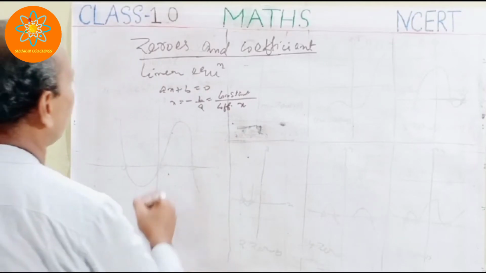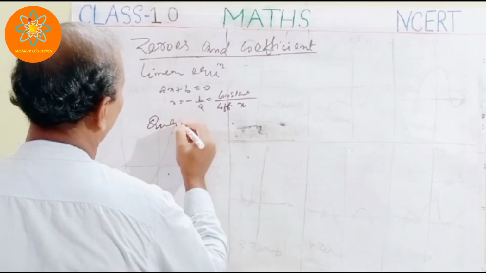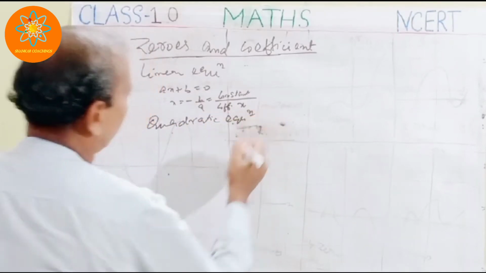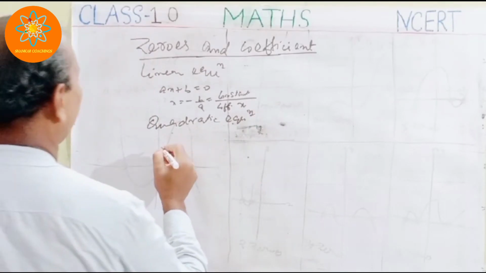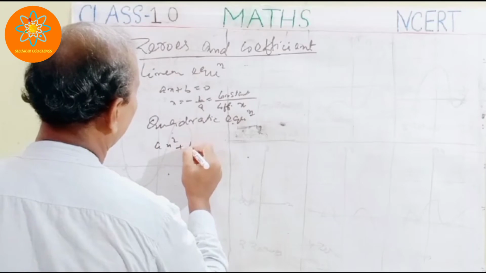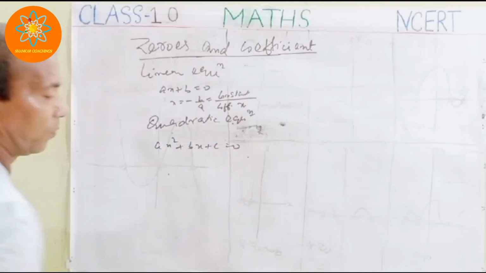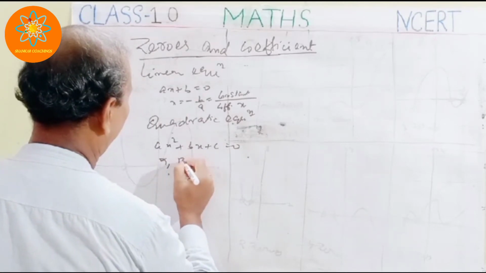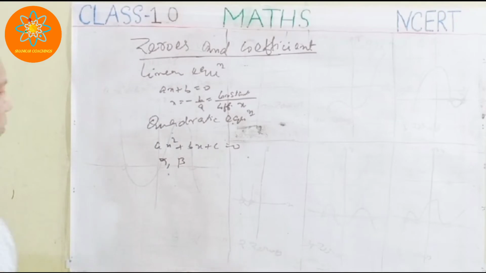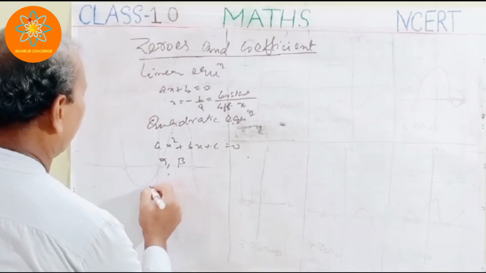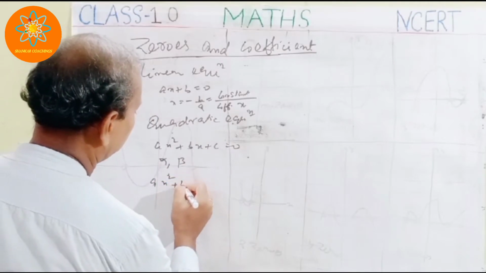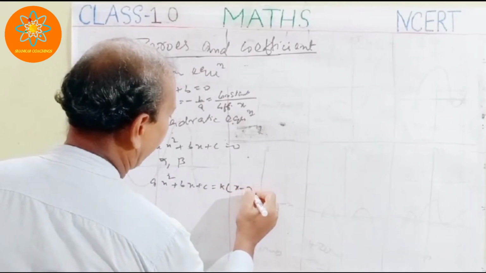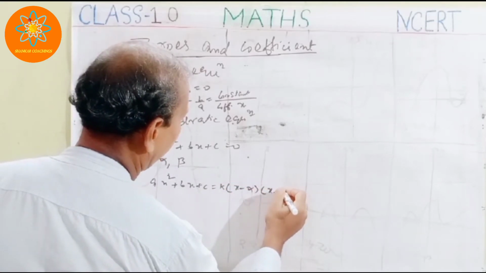Now come to the next one, the quadratic equation. For the quadratic equation, I have the equation ax square plus bx plus c is equal to 0. Let's suppose alpha and beta are the roots of this equation. So I can write ax square plus bx plus c is equal to some constant k into x minus alpha into x minus beta.